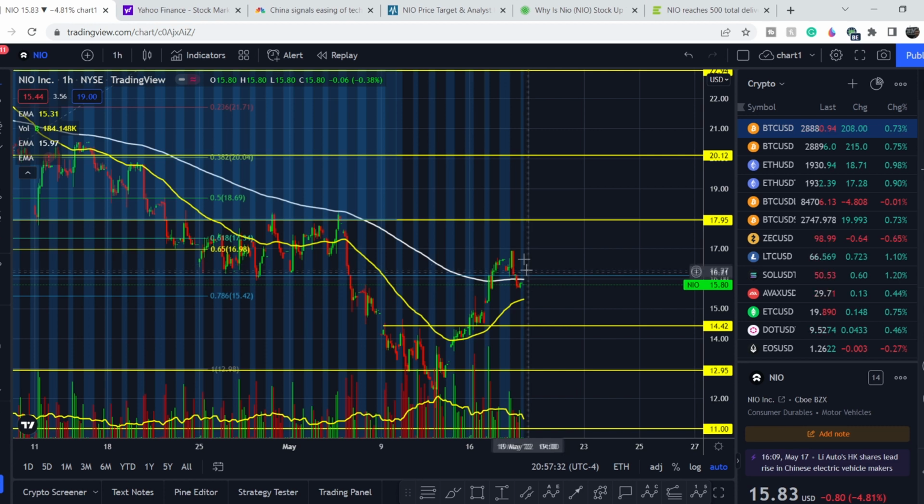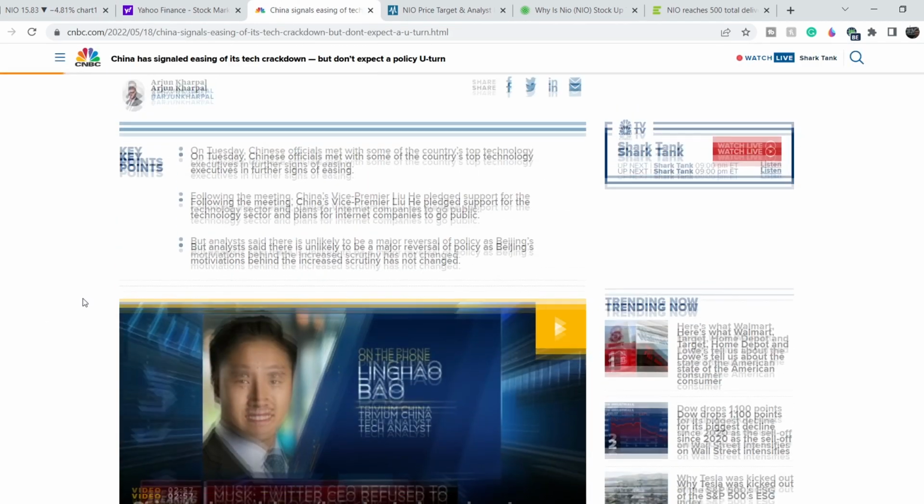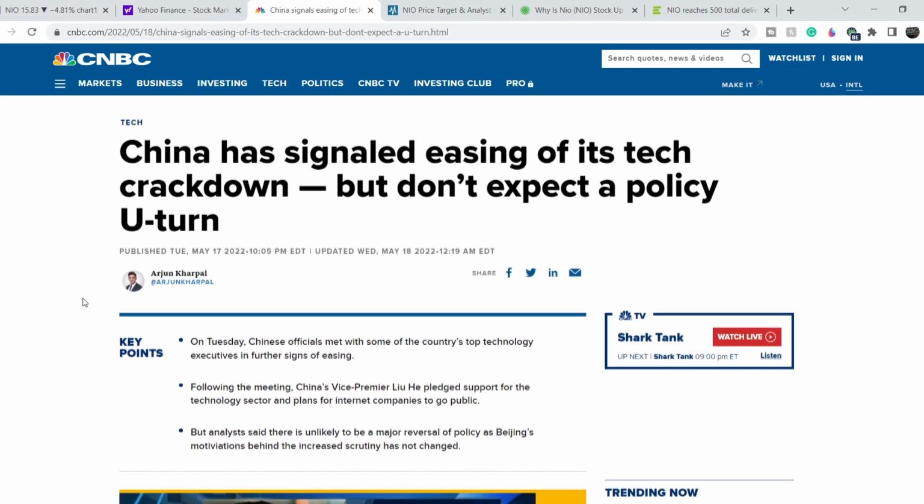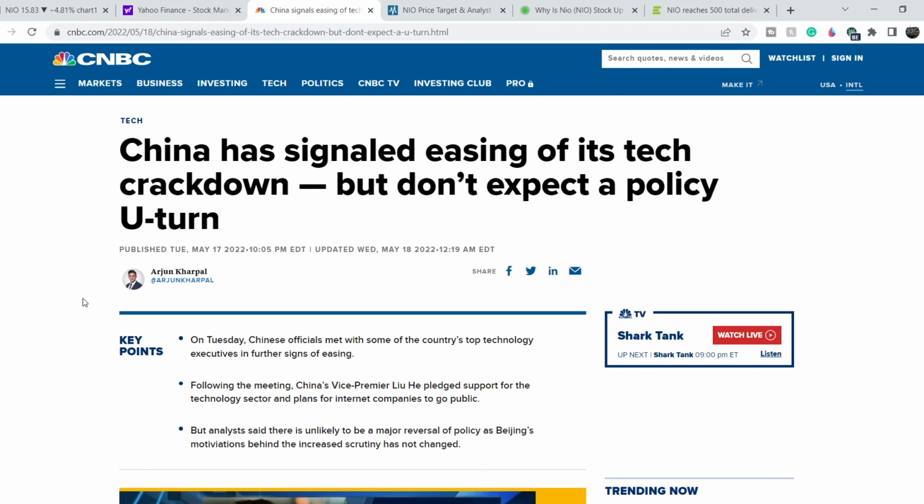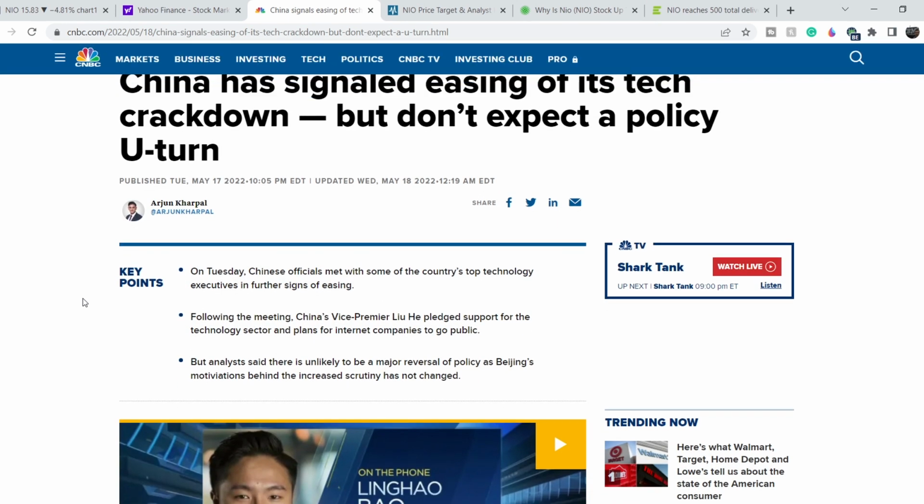And let's continue with the fundamental news, and let me show you what was the reason for its recent spike in price. Let me show you this article. It was published on May 17th and it's titled "China has signaled easing of its tech crackdown, but don't expect a policy U-turn." And the key points are the following.